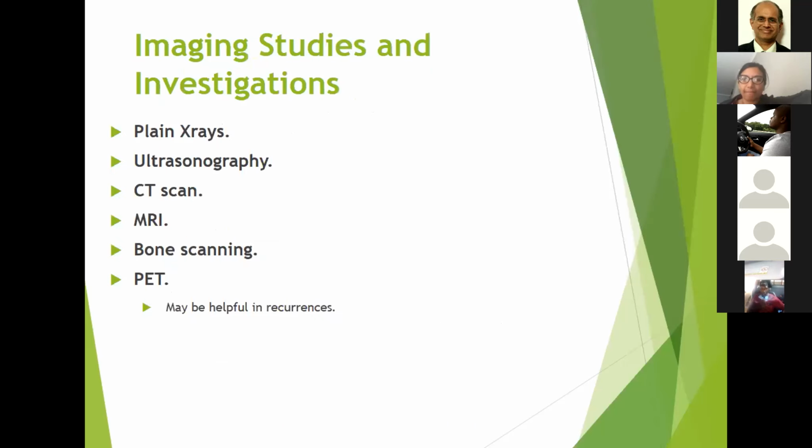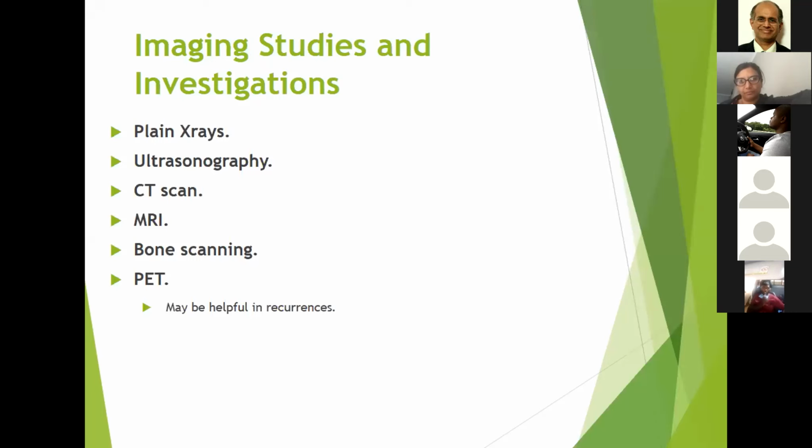So, imaging for investigation. You can have a plain X-ray of the primary area of concern or a chest X-ray. This is helpful in determining the presence of calcification and the involvement of bone in the primary tissue. You can also look for metastatic disease in the lungs from the plain chest X-ray.